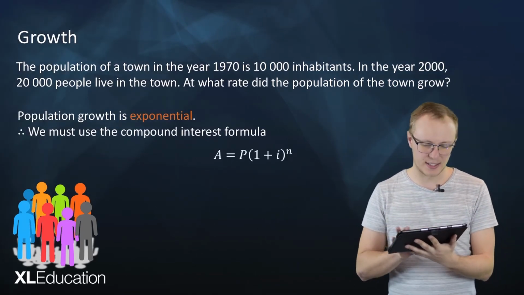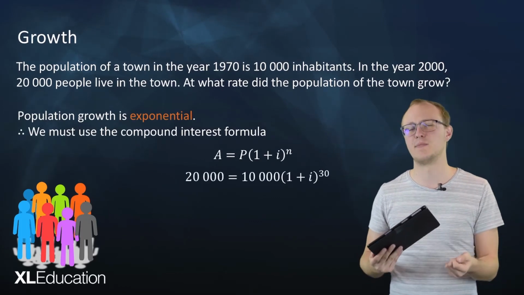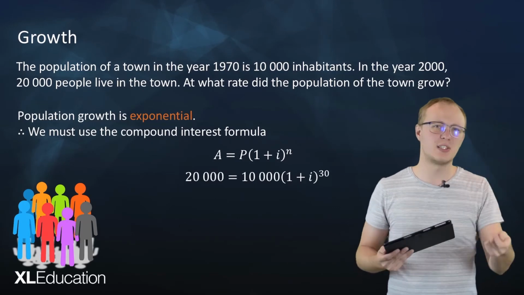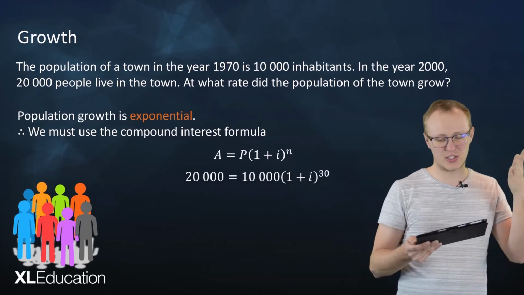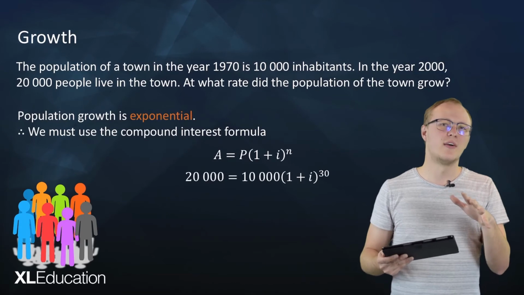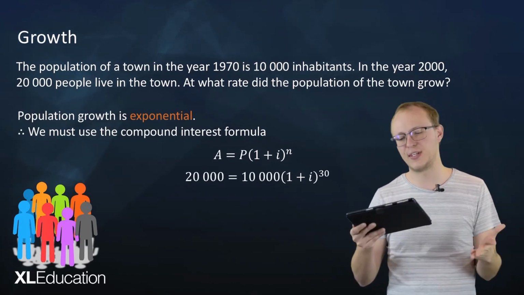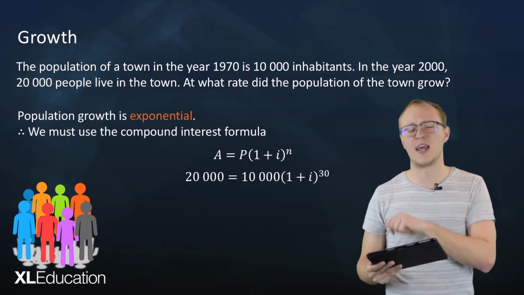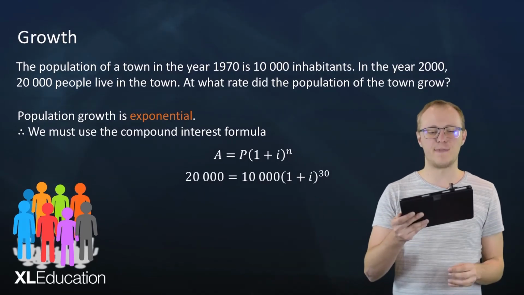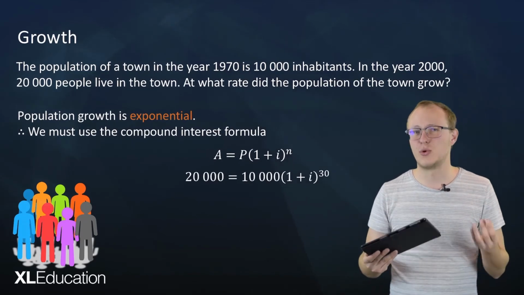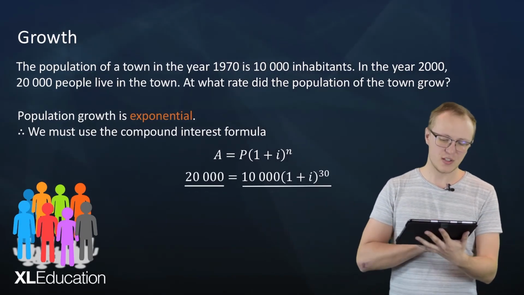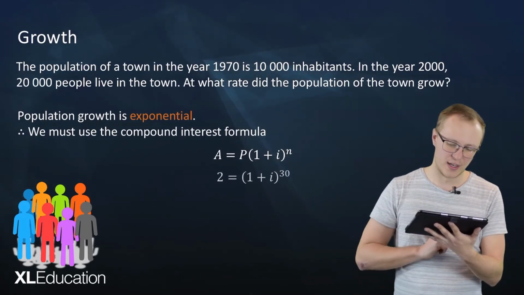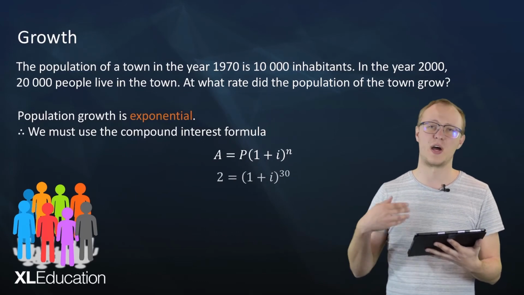So in this instance, we know that the accumulated amount is the 20,000 that is in the year 2000. The principal amount is the 10,000 that we started with. We know that the growth happened for 30 years because it was from 1970 to the year 2000. So n equals 30. So we've got to find i, the rate at which the population grew. So if we divide both sides by 10,000, we get that 2 is going to be equal to (1 + i)^30.